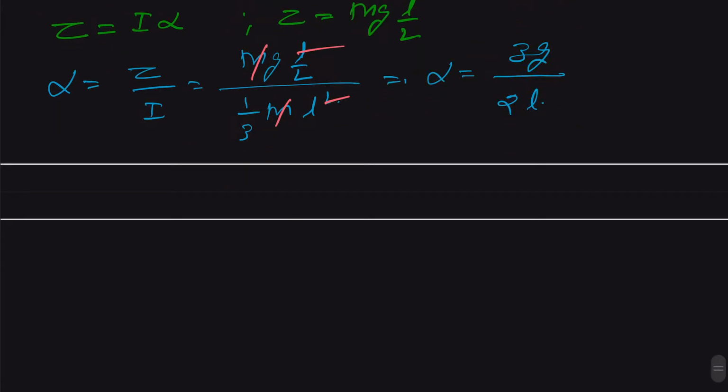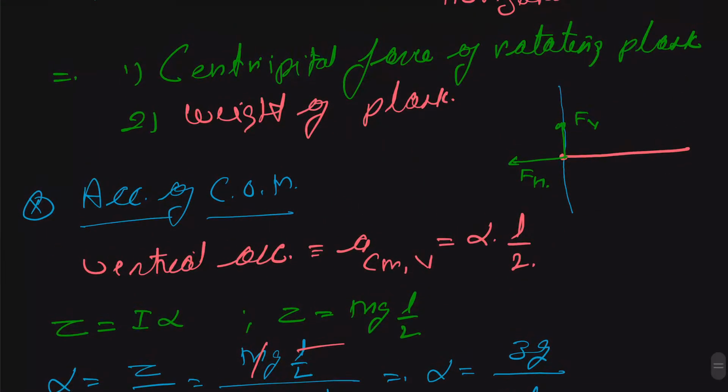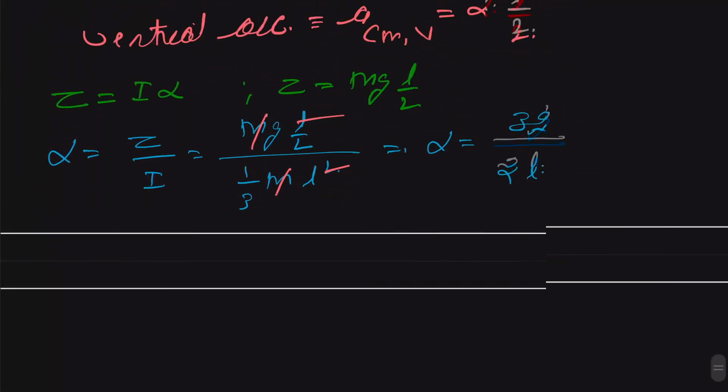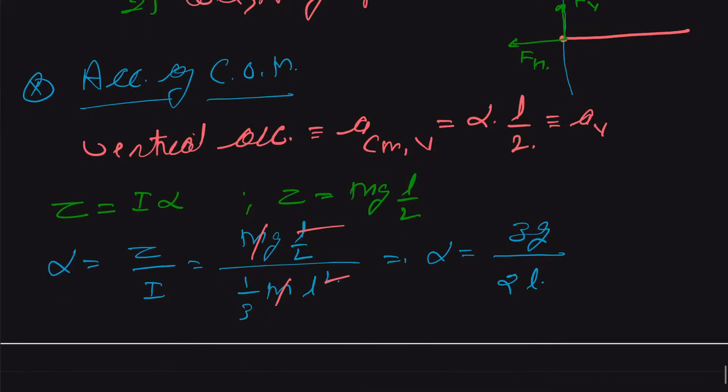Now we find out our vertical acceleration. Let us call this a_V. Keep it as it is.